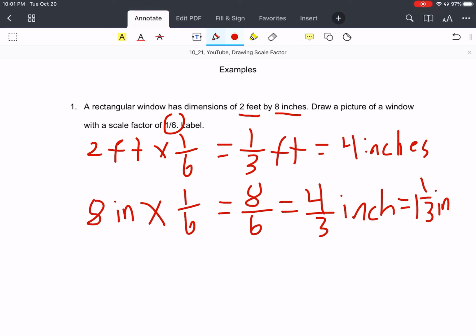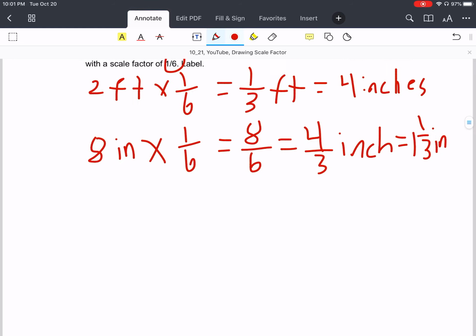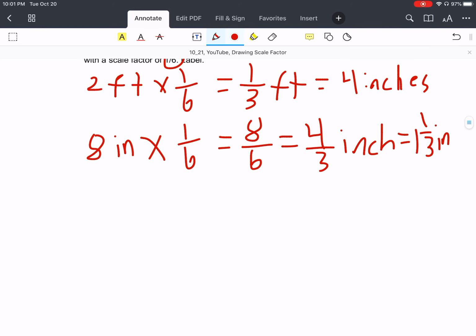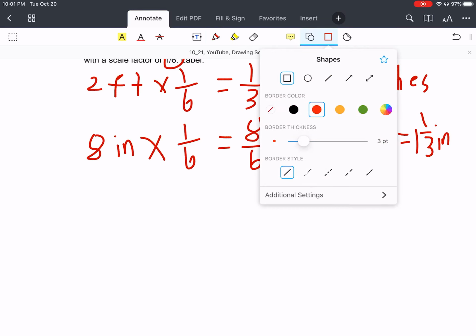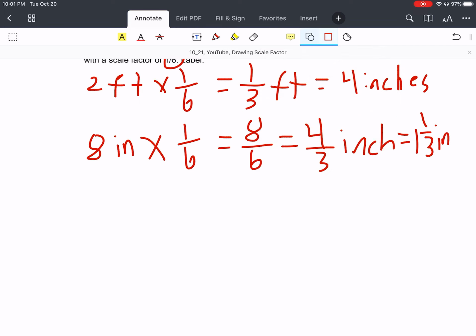So I know that I need to draw a rectangle that has dimensions of 4 inches by 1 1/3 inch. And I am not going to measure on this video, but if you were doing this on your assignment, you would take your ruler, you would draw your best line possible.